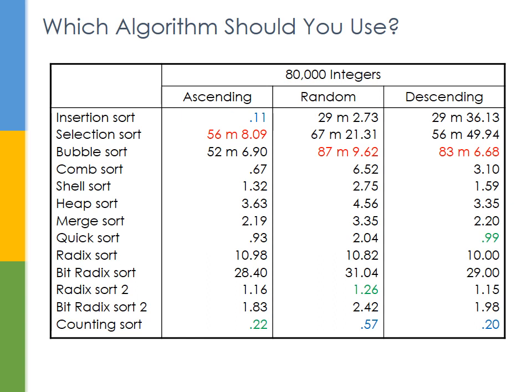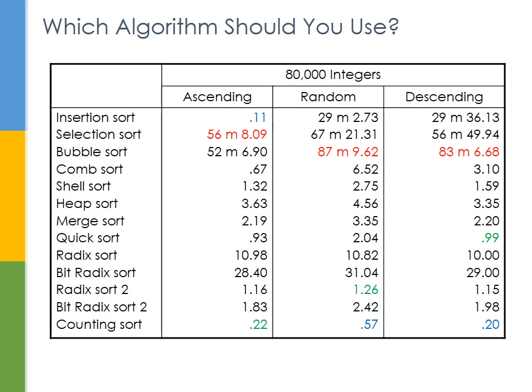We can also see that for the most part, the elementary sorting algorithms, which we have over here, perform incredibly poorly. You can see that they take a couple of minutes to finish sorting this list of integers. However, interestingly, insertion sort takes a very short amount of time to sort a list into ascending order.